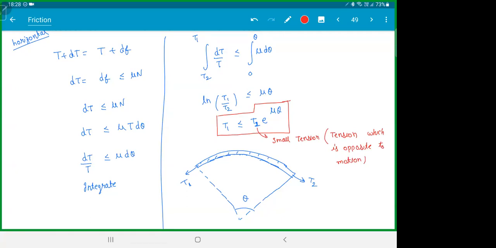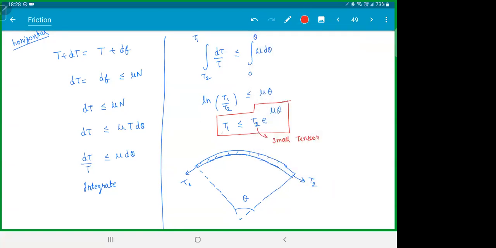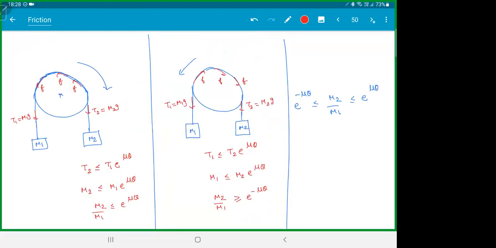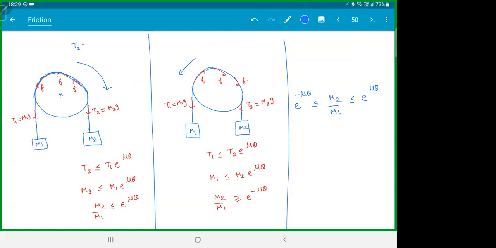So basically here I assume T1, T2 are going like this. Just like the smaller tension, that is understood, and T1 will be the bigger tension. Now who is bigger, who is smaller will totally depend on which side the rope is going. If you assume the system is going this way, in this case, T2 is greater than T1. If you're assuming it is going to the left side, then T1 is greater than T2.